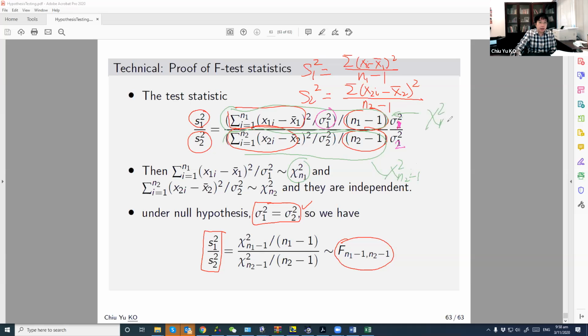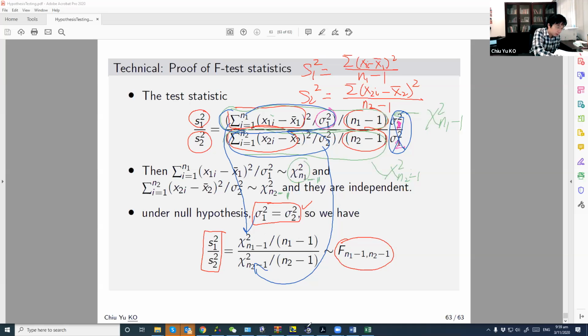So this guy is chi-square over its degrees of freedom, so we place it here, and this guy is here. Under the null, the variances are the same, so we cancel them out. That's why you have N1 minus 1 over N2 minus 1. This is exactly what the F is, by definition.